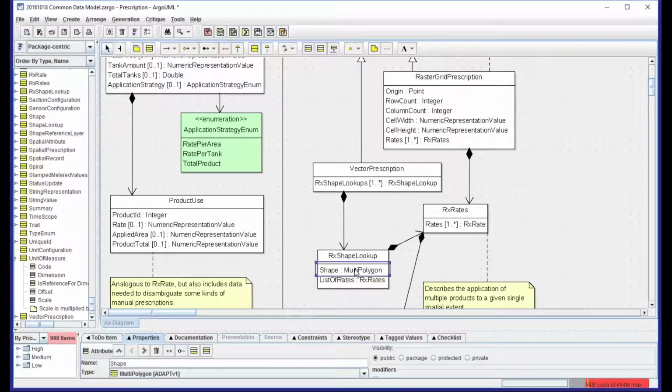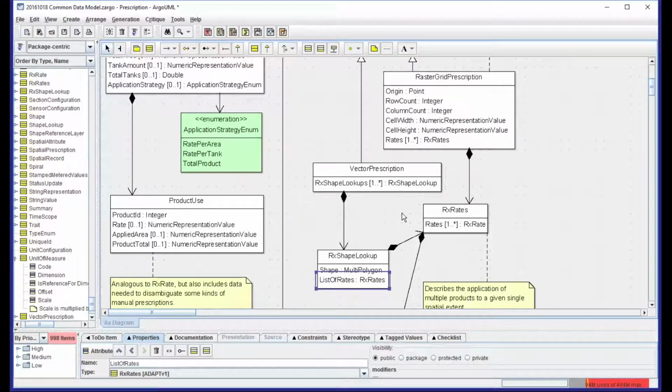So if you have 5 different rates, but you have multiple places in the field with each rate, you could have 5 different RX-shaped lookups. Each one, by virtue of being a multi-polygon, could contain all the different places in the field that have that same combination of rates for the product. And then you specify those products and rates using the RX rates that we discussed earlier.